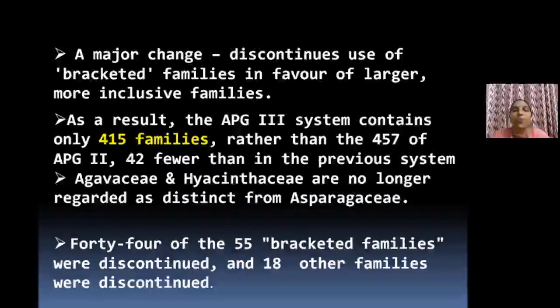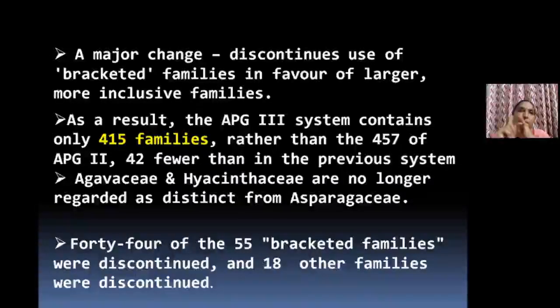Now, a major change is to discontinue the use of bracketed families. So, in the other 2 systems there are bracketed families, which means there are some exceptional cases, then only a single genus, single taxa, etc. That is not there here. That is the importance. Another important one is, here there are 415 families. The number of families is reduced here. 457 in APG2, but here 415 families only.